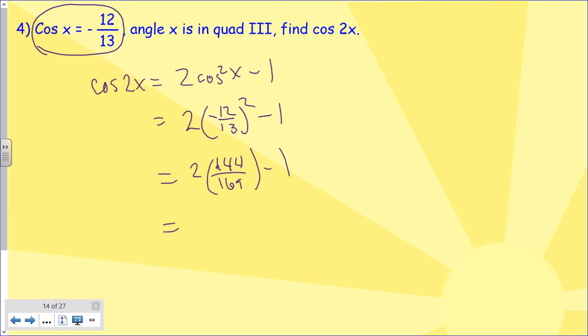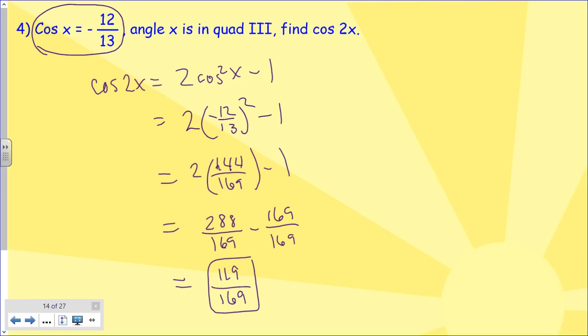Well, 2 times 144 is 288 over 169 minus 1. Common denominator is 169, so I'm just going to put 169 over 169. And when I subtract, I will get 119 over 169. And that is my final answer.